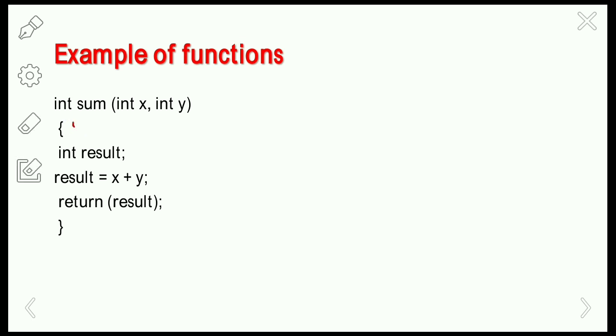int sum(int x, int y). We are going to perform the sum of the two numbers, that is the parameters x and y. So sum is the function here, and this is the definition part of the function.